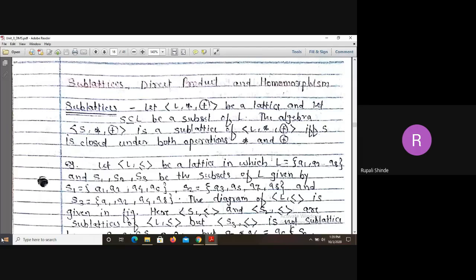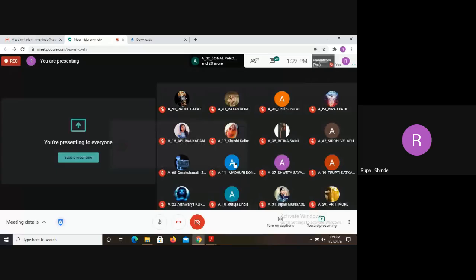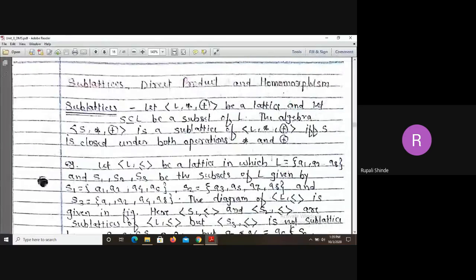We have seen many examples on this. Closure means what?